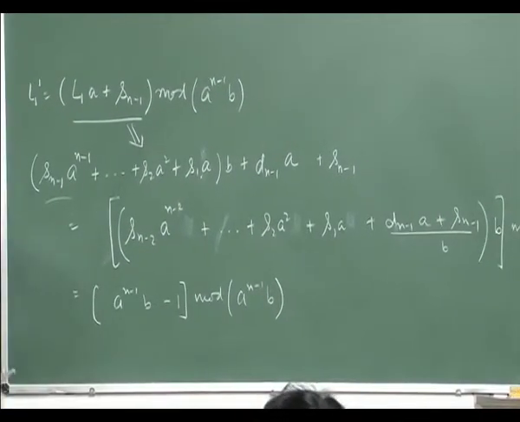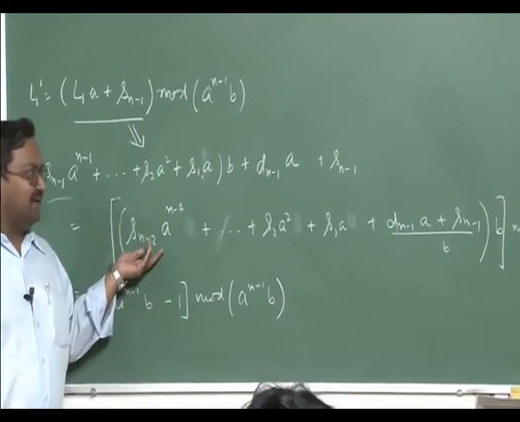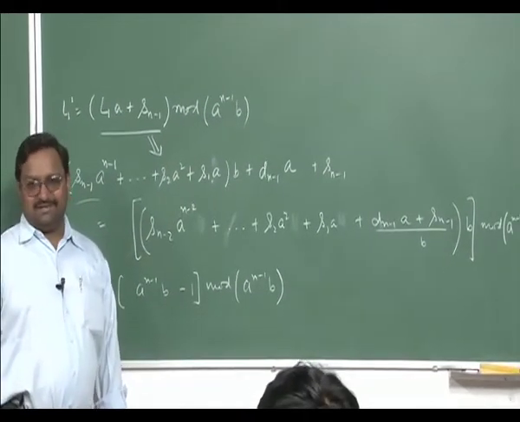The conclusion from this actually is that this whole thing can never be greater than A raised power n minus 1 B.